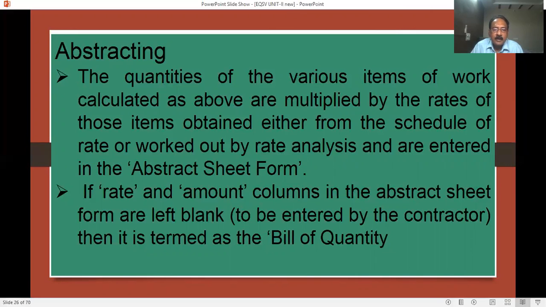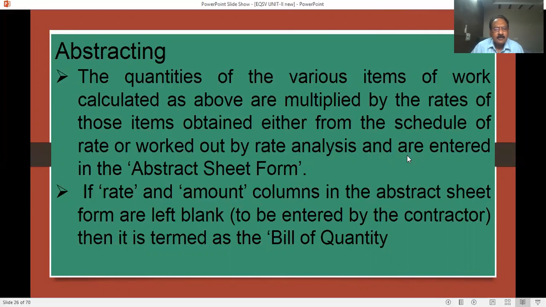For that quantity, you have to take care of the corresponding item, and the cost or rate of that item can be obtained from the schedule of rates given by the SSR or SOR of the concerned state government authority, like the Roads and Buildings department, Panchayat Raj department, or irrigation department.